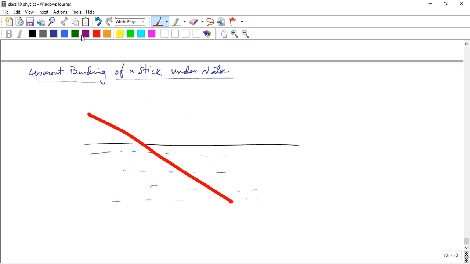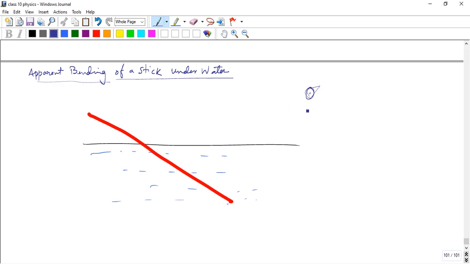Now, a viewer or observer's eye is here. See that.